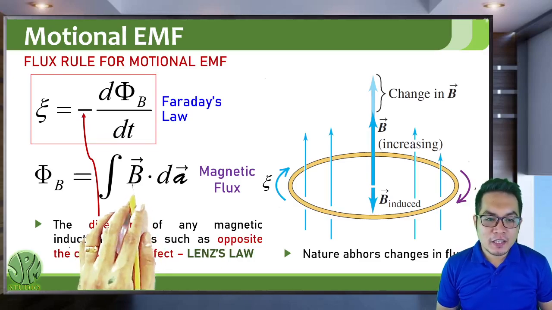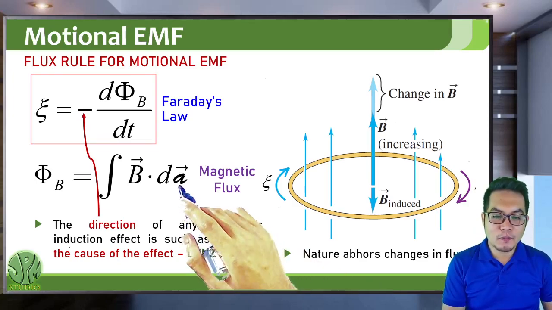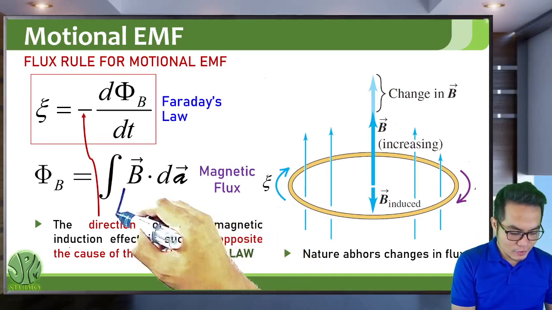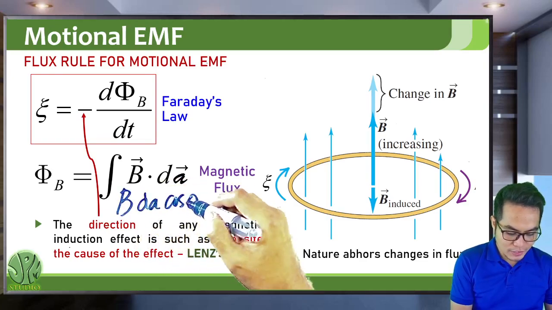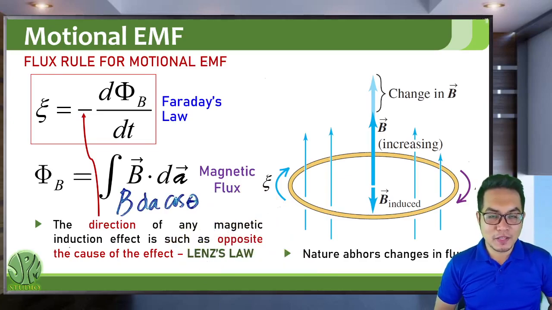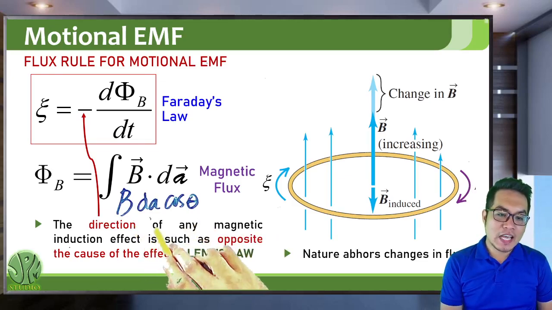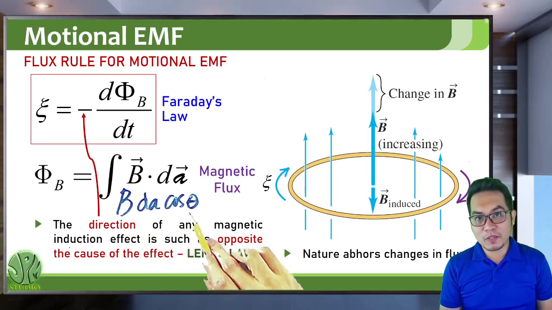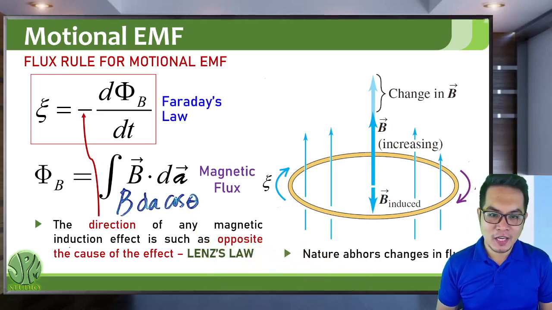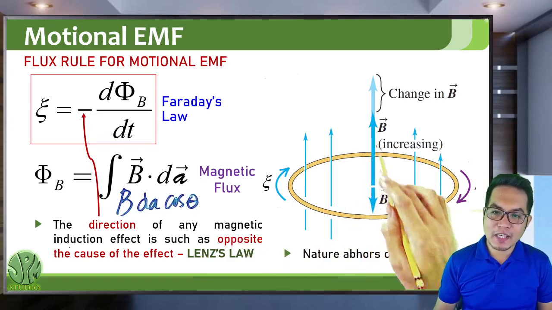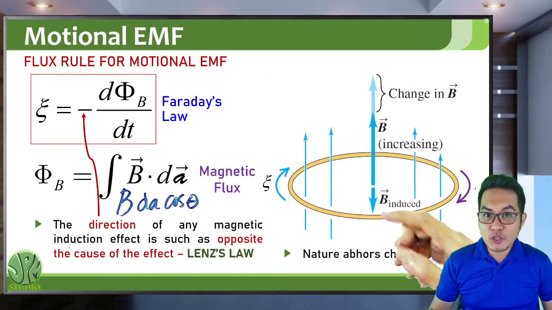Either the magnetic field changes, or the area of the loop changes, or, since this is a dot product, B dA cosine theta, where theta is the angle between the magnetic field and the area vector, that angle changes. Those are the three things that can change the flux. In this case, only the magnetic field is changing. It is increasing, therefore nature will counteract.